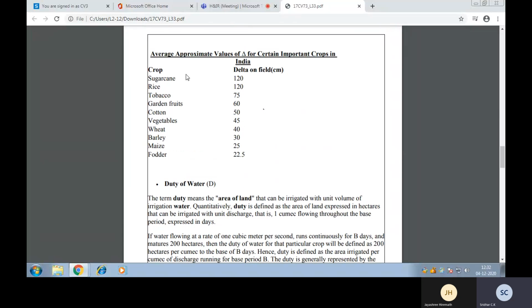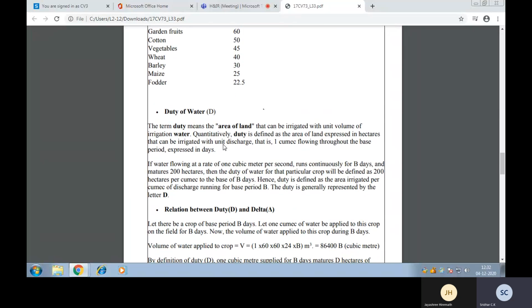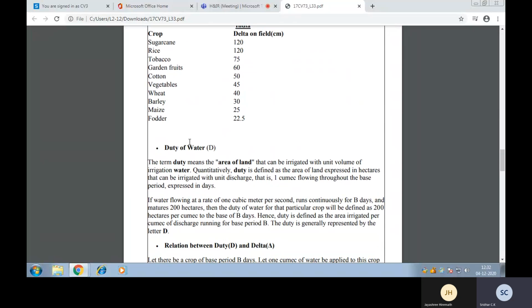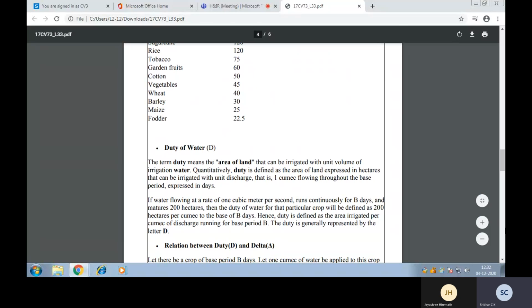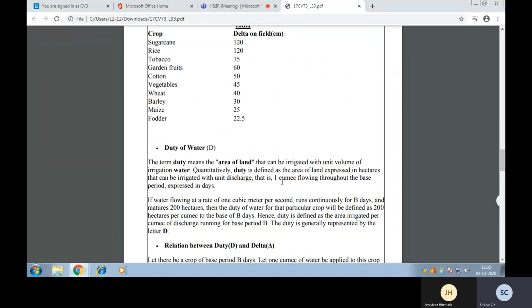We have found the average values for the particular crops, and just see the same values here. For rice, what you calculated in the above example, it is 120 centimeters. All the depths which are obtained are expressed in terms of centimeters.